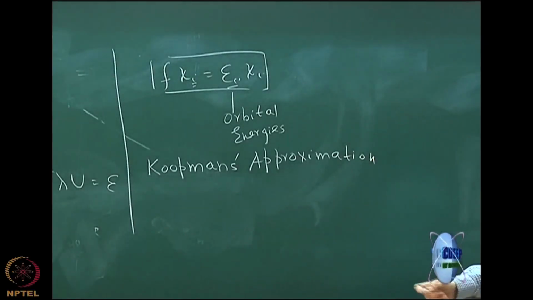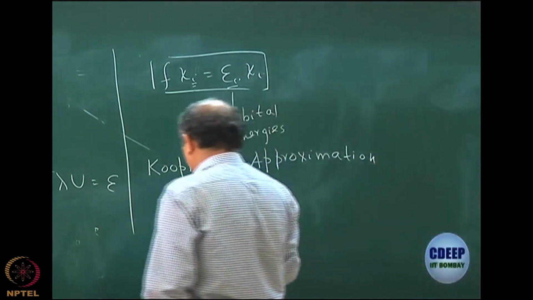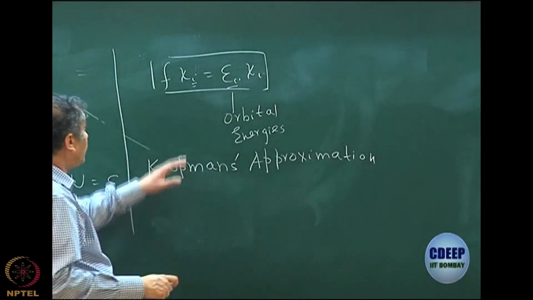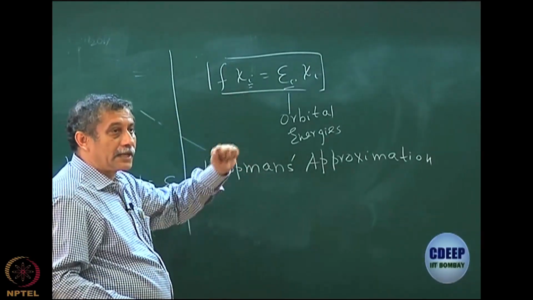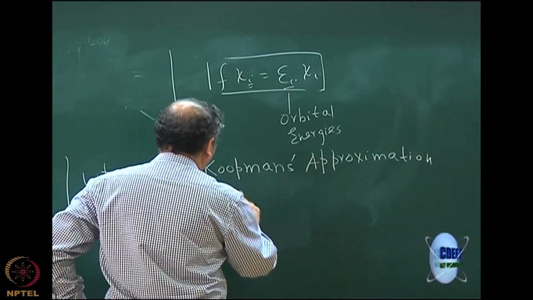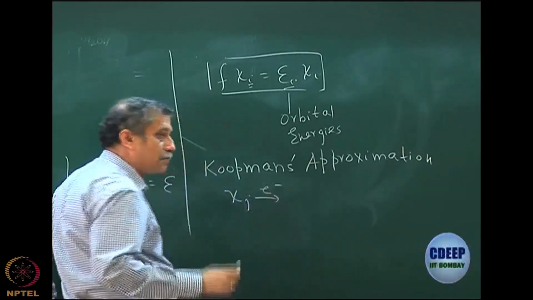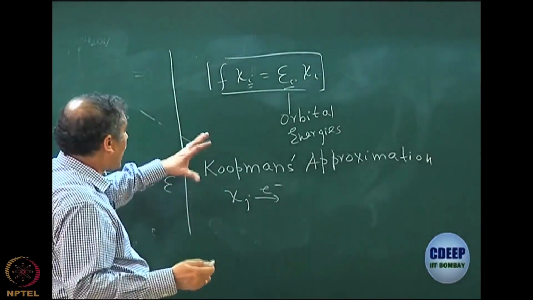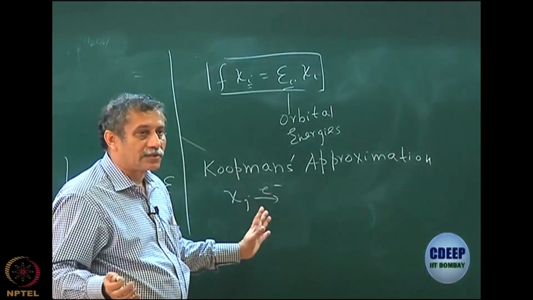So, the basic outcome of the Koopmans approximation is the following: if you take out from these n chi i's one electron from a particular chi, let us say from chi j, so one electron is knocked out from one of the spin orbitals chi j, then in my original Hartree-Fock I will now have n minus 1 electrons, right.